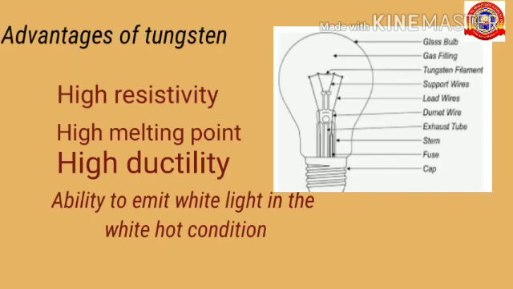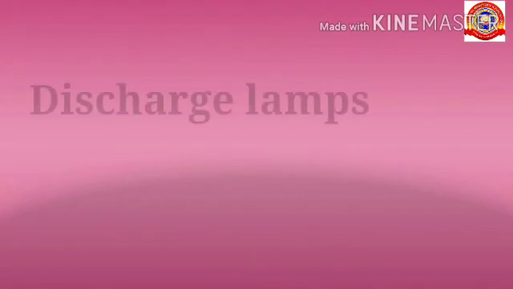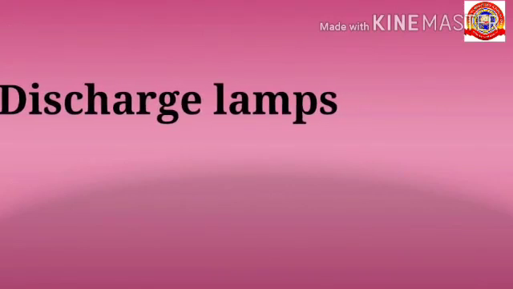An important point about incandescent lamps: a major part of the electrical energy supplied to an incandescent lamp is lost as heat. So, the use of incandescent lamps is minimized and we are using other types of lamps for conserving electricity. So let's see which are they.